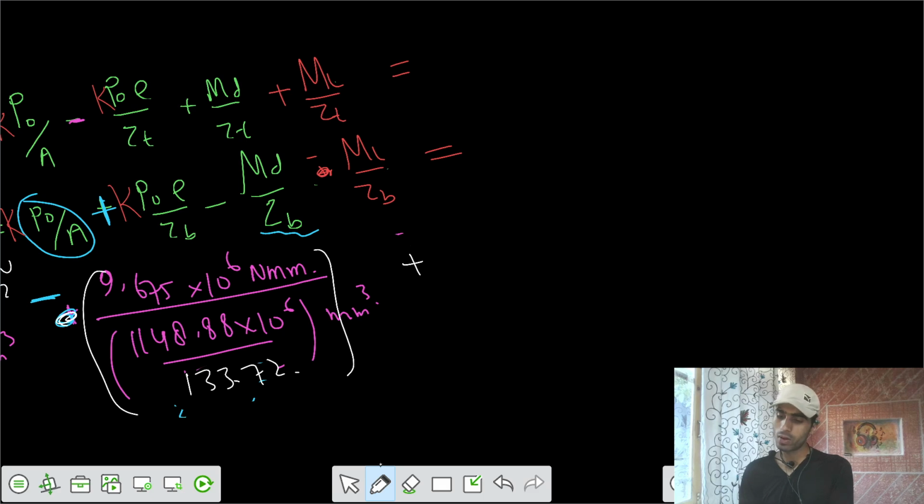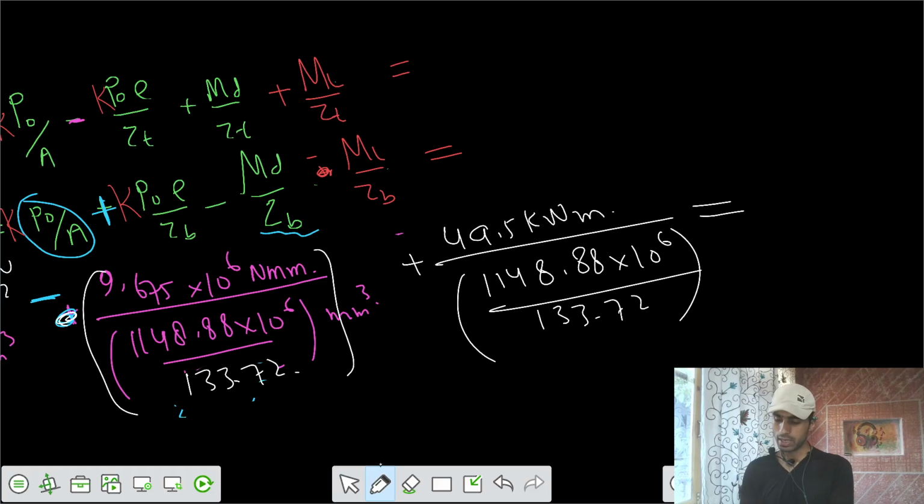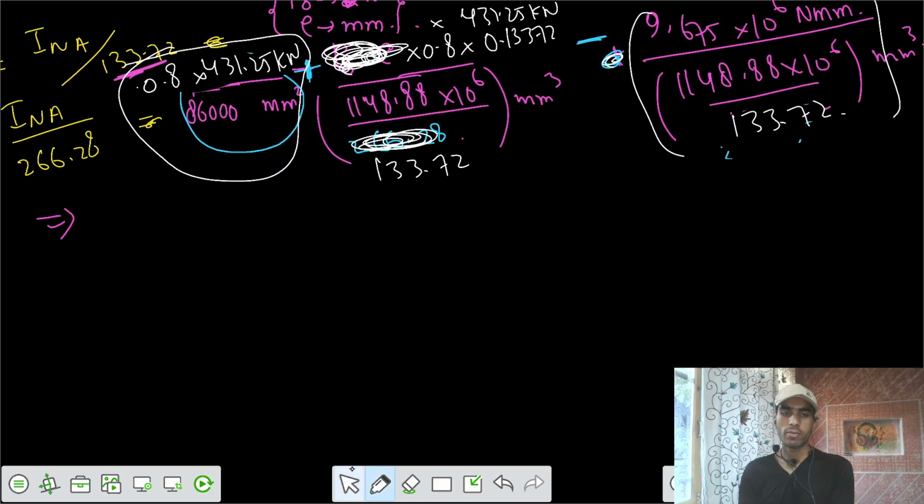The value of live load was 49.5 kilonewton meters, divided by 1148.88 10 to the power 6 divided by 133.72. That's your Z top, and that comes out to be 5.98 megapascal.